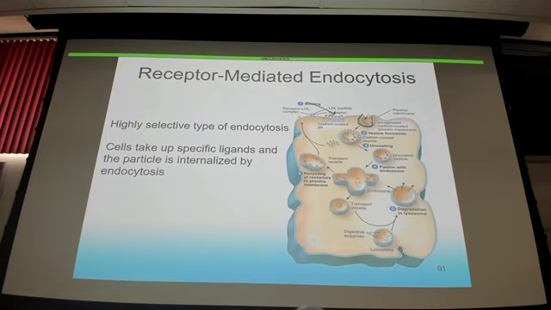These are very specific. Once it brings it in there, the cell needs to use it, and so lysosomes break down molecules, or that molecule can be used like it is, but once you bring it in, it's going to break down what was brought in for use in the cell, using lysosomes. That's why I said that's all you need to know about the picture. I don't need you to label that thing.